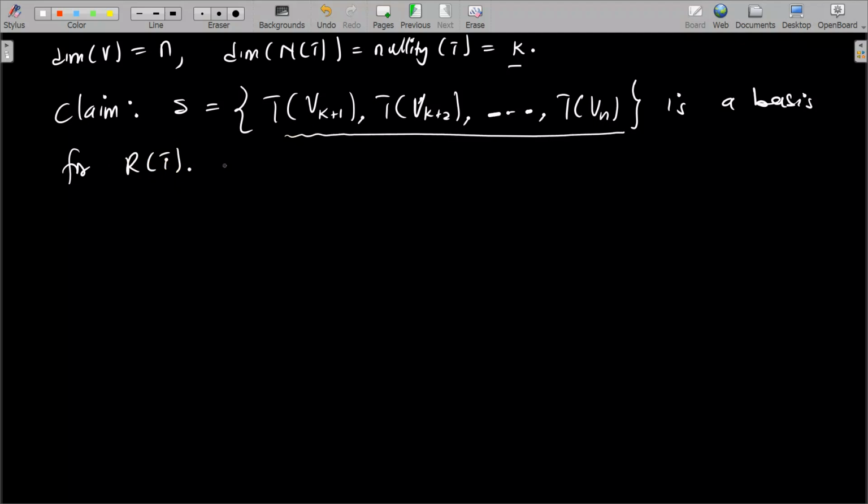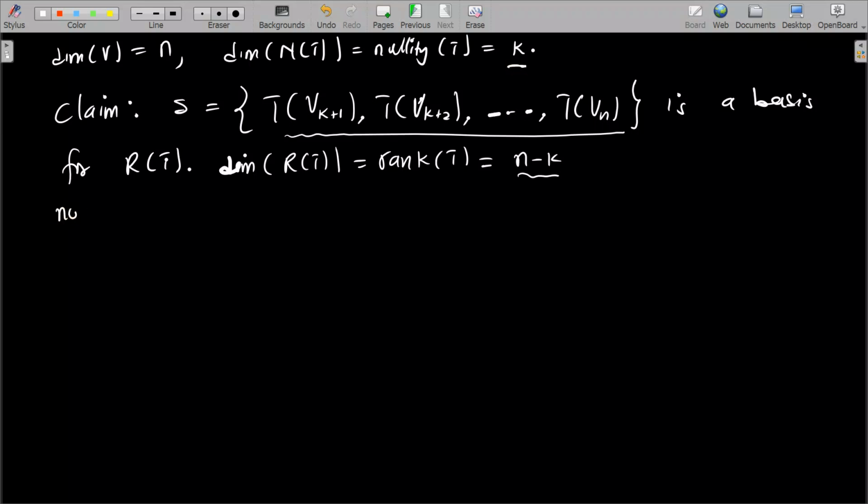All I know is that the dimension of R of T, which is the rank of T, is now equal to, how many vectors do I have there? I have to just subtract n and k, right? And that'll give me the number of vectors. And indeed, if I sum this, I'll get n.